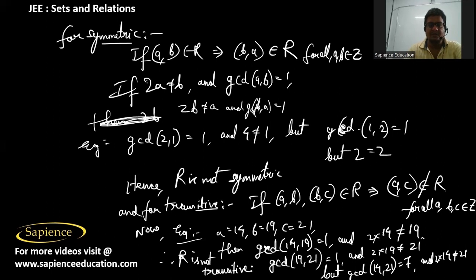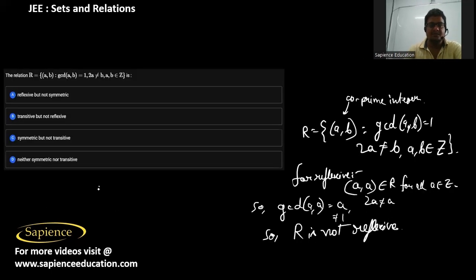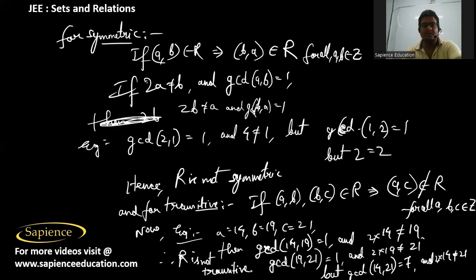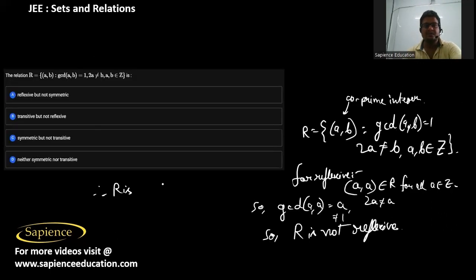So hence R is not reflexive and not transitive. R is not symmetric also. So therefore R is neither symmetric nor transitive. So option D is the correct answer. And it is not reflexive also.